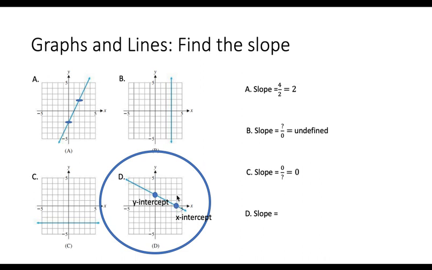Rise, 2. Run, 1, 2, 3, 4. So we went up 2, and then to the left, we went 4. And so our slope is 2 over -4, or -1/2 when we simplify that fraction.